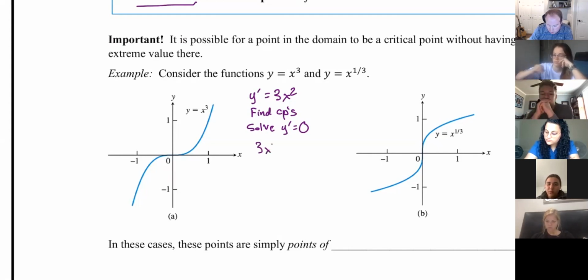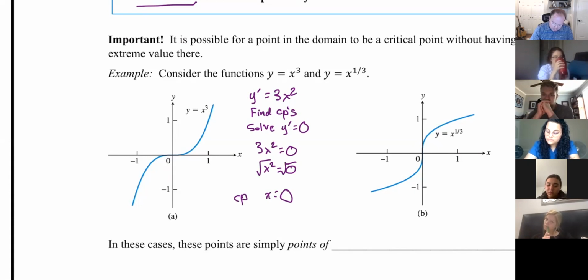So 3x squared equals 0. Divide both sides by 3. Then take the square root. You get x is equal to 0. This right here is a critical point. So there's only one, or CP for short.